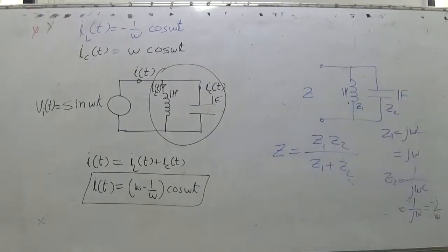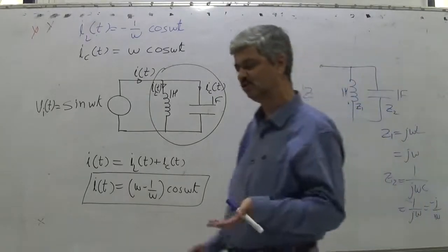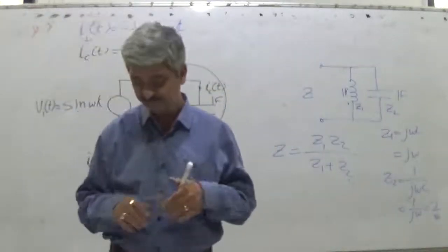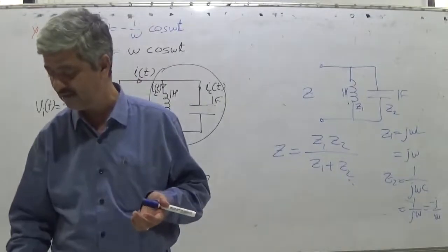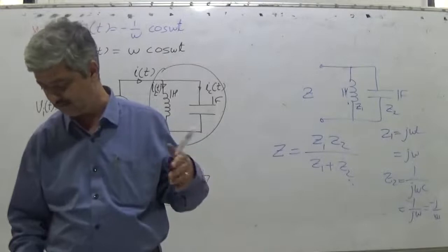So inductive reactance is j omega, capacitive reactance is 1 upon j omega or minus j upon omega, for values of inductor and capacitor as 1 Henry and 1 farad. If we generalize, then instead of 1 Henry and 1 farad, the values of L and C will come, which we will deal with separately.